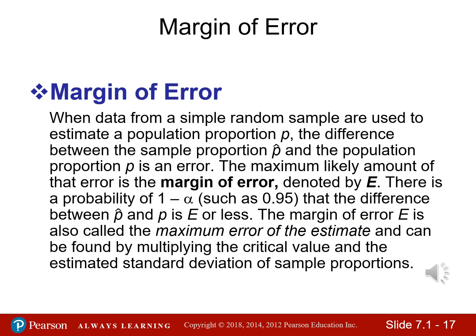When data from a simple random sample are used to estimate a population proportion P, the difference between the sample proportion P hat and the population proportion P is an error.